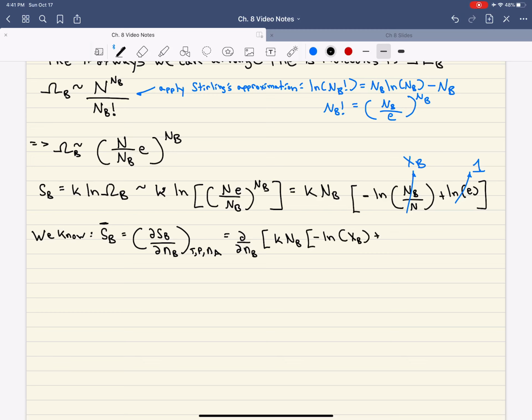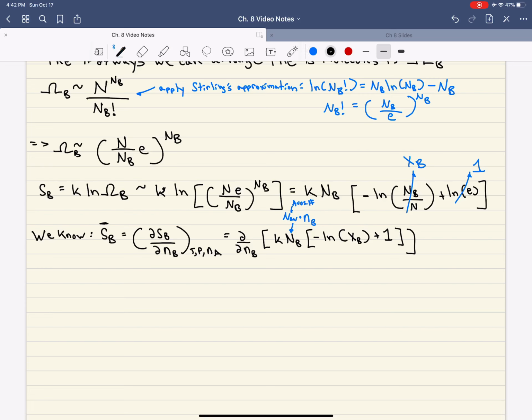Plus 1. Okay. Out here, this is written as total molecules of B rather than moles. But we know that the total molecules in a system is just going to be equal to Avogadro's number times the moles of that species, right? So this is Avogadro's number. Okay?